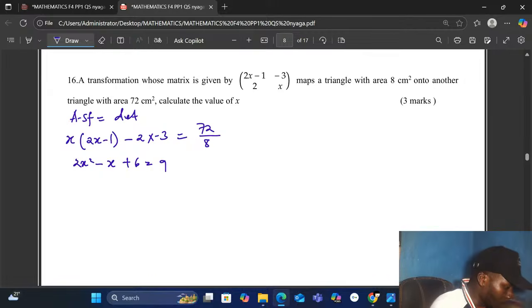So we're going to have a quadratic equation. So we have 2x squared minus x, then plus 6 minus 9 equals to 0.